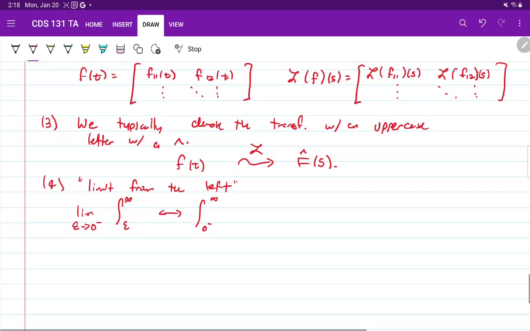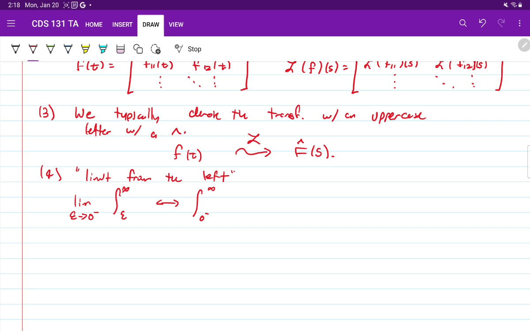The reason that we do this is to pick up on the Dirac delta function. The basic idea is if we were to do this a little more rigorously and take the Laplace transform of the delta, we would take an approximation to the identity of delta, which might be defined on all of R, and then take the limit as that approximation converges to the true delta.